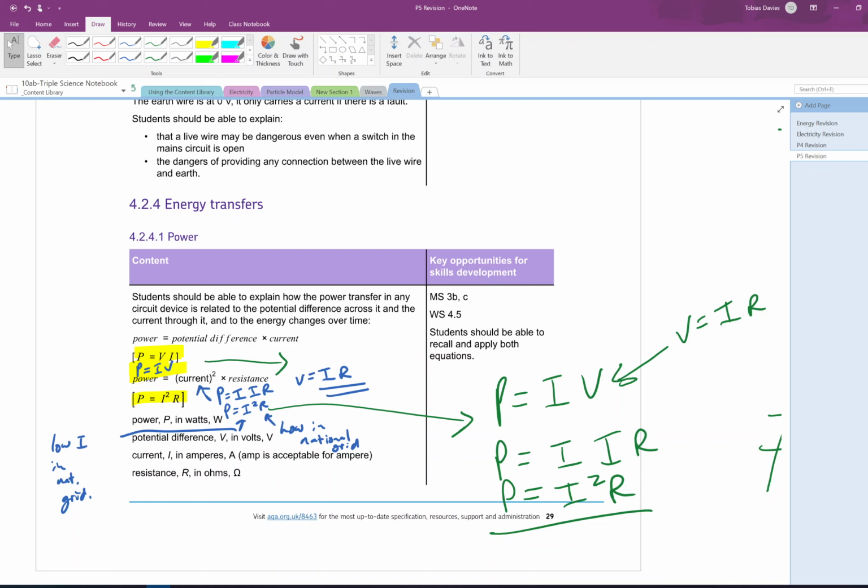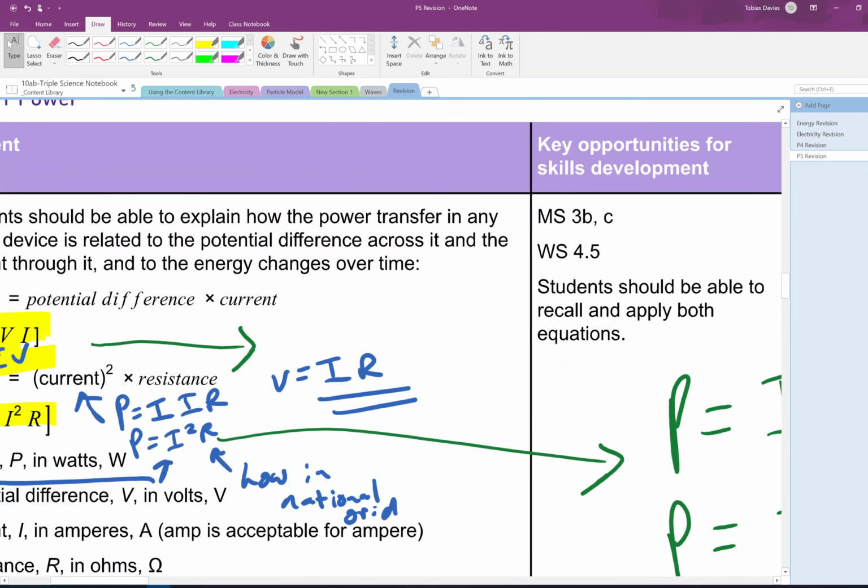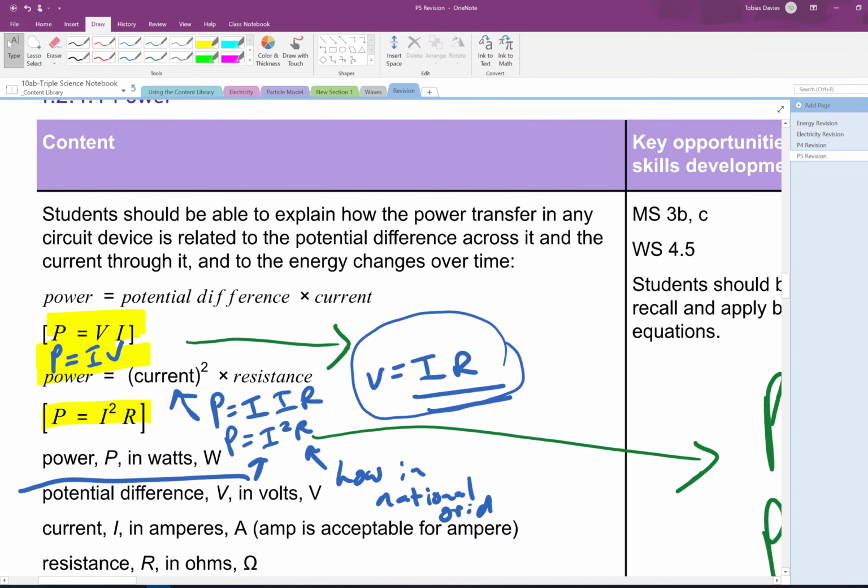I don't know why, that just works better for my head. Because we've got the other equation, my favourite, V equals IR, we could swap in IR instead of V in this equation, and then we'd have I times IR.